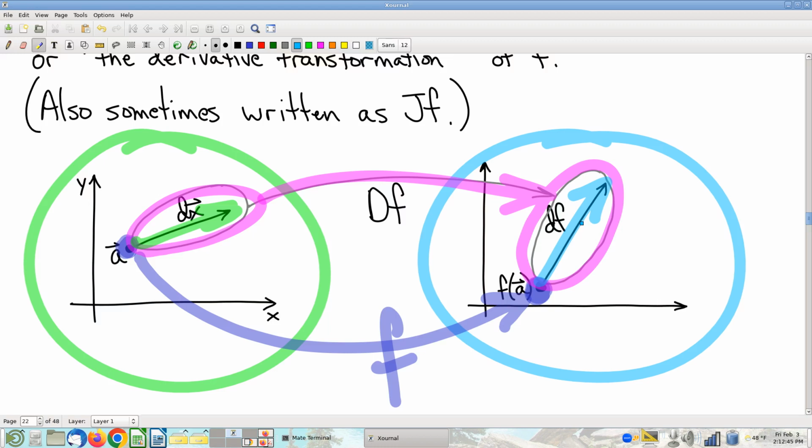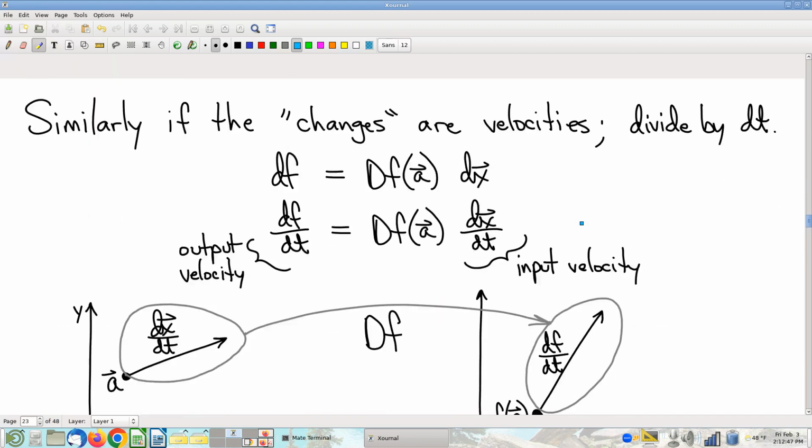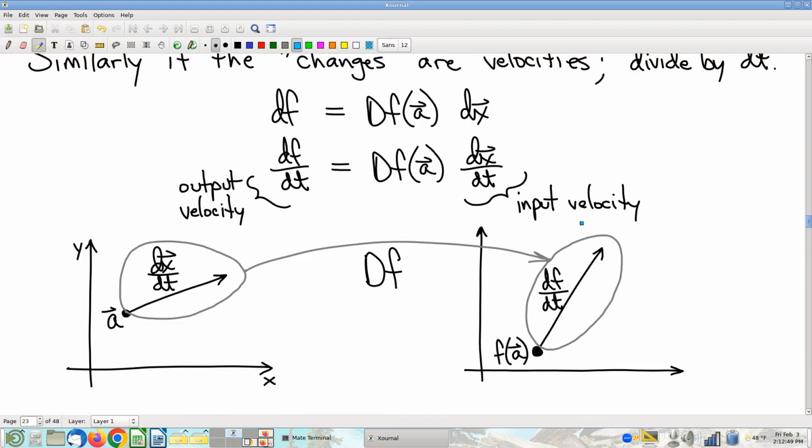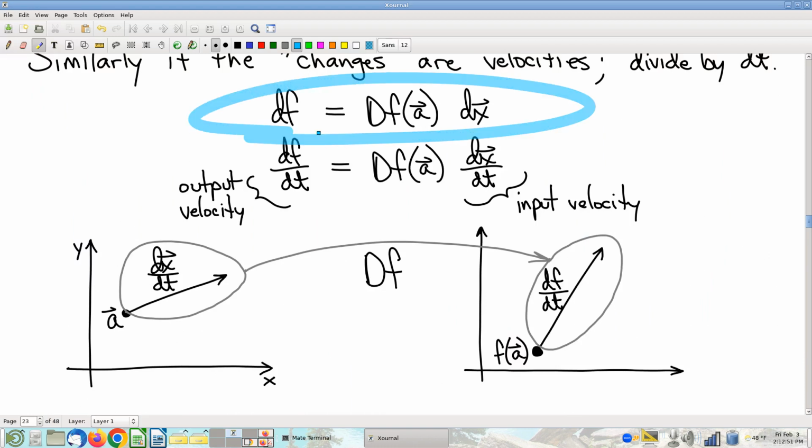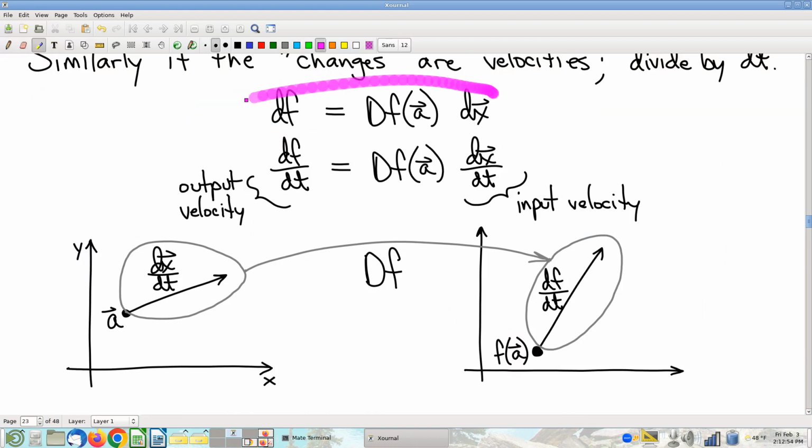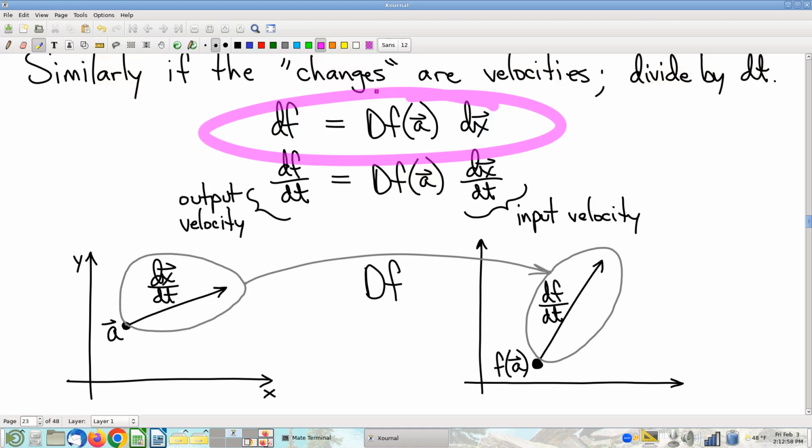All right. Now, related, I'll point out that you can take this equation right here and just kind of divide both sides of the equation by dt. I'm deliberately being sloppy about this because as far as we're concerned, this is fine. Nothing to worry about here. Skipping some formalities.